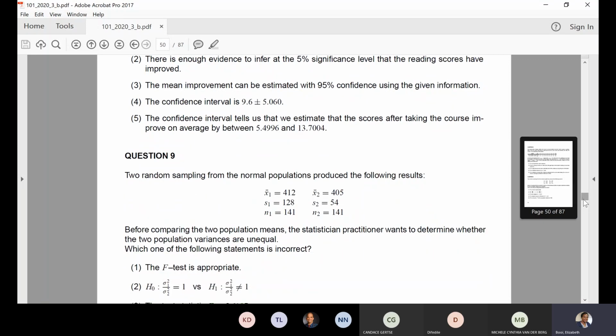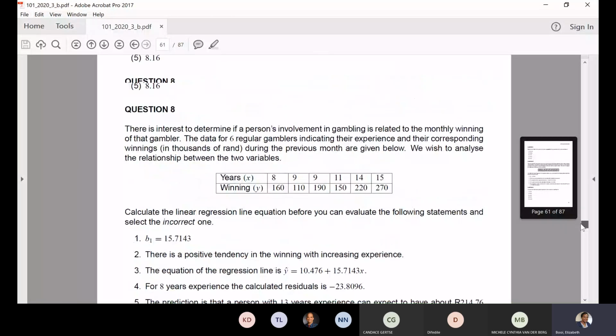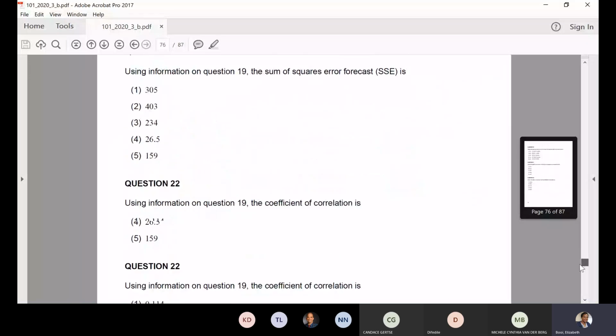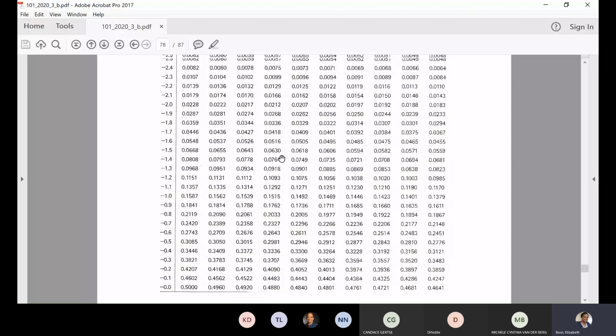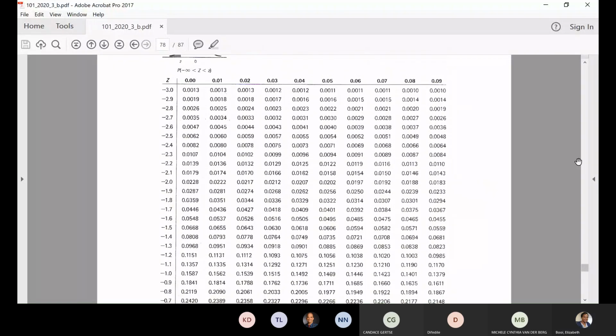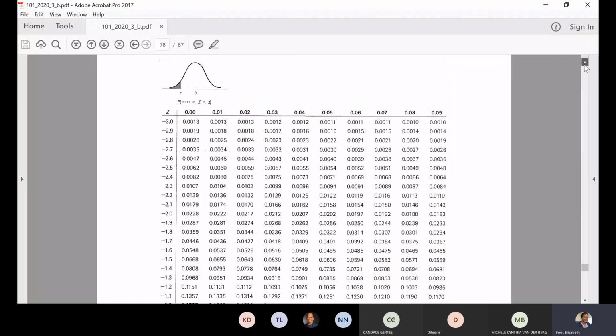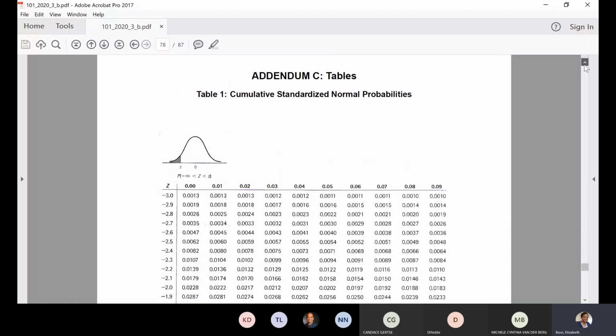So we're now going to go to the Z table. In your tutorial letter 101, there are tables at the back of your tutorial letter. So we're going to look for table, it's called Table 1, Cumulative Standardized Normal Probabilities.